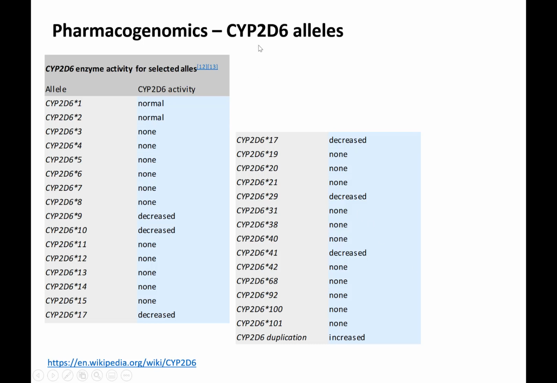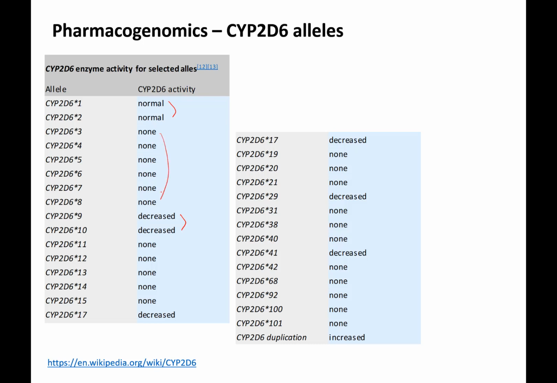So here is just a little chart about the CYP2D6 alleles. And so you can see all these different alleles with the asterisk and the number. And it tells you what that activity is. So some alleles give you normal activity. Some give you decreased activity.